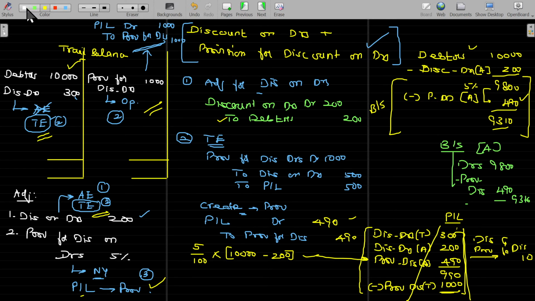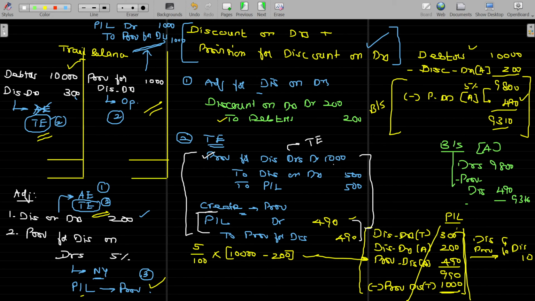Rather than passing these two entries, what is the first entry here? The first entry is provision for discount on debtors and discount on debtors to P&L account. No, it's only an adjustment entry. Adjustment means transfer entry. You are transferring, and this is nothing but a creation entry. You can club these two and pass this as a single entry.